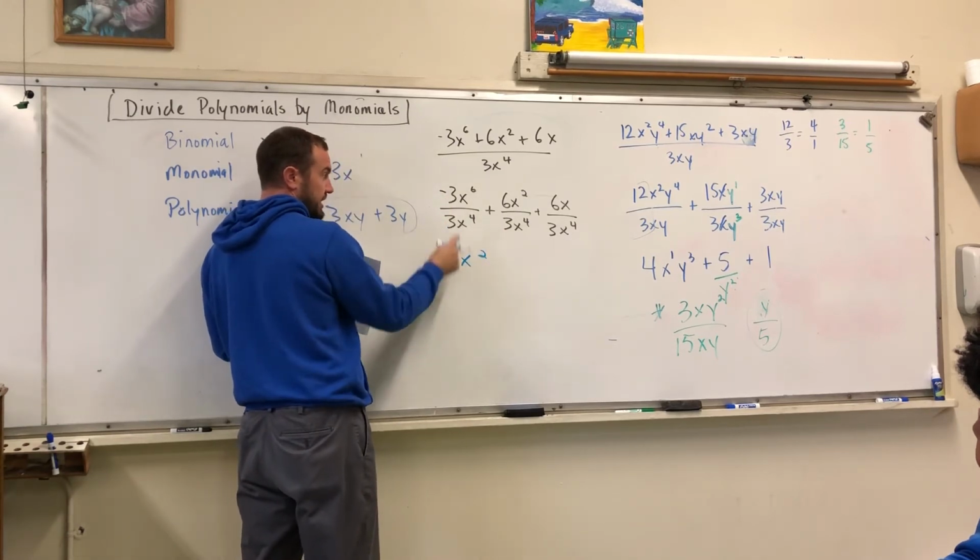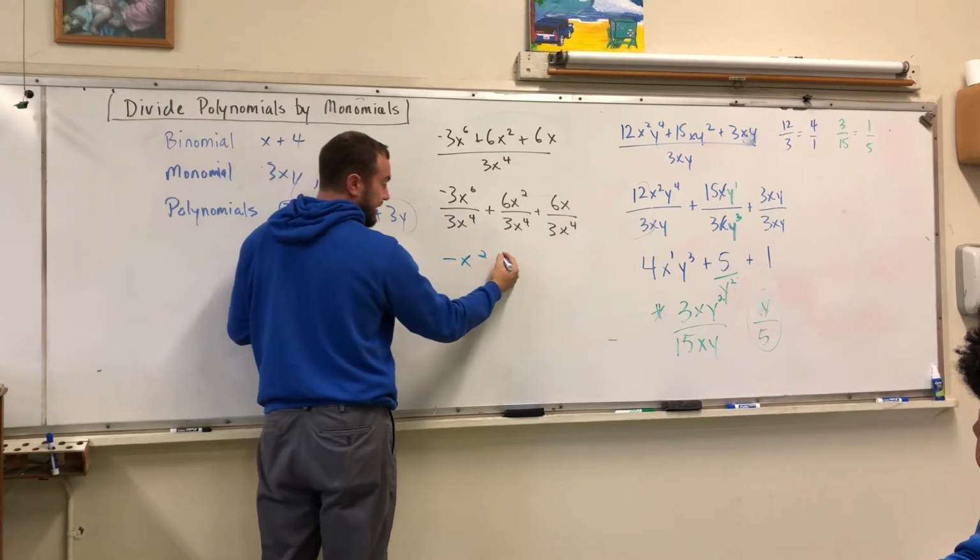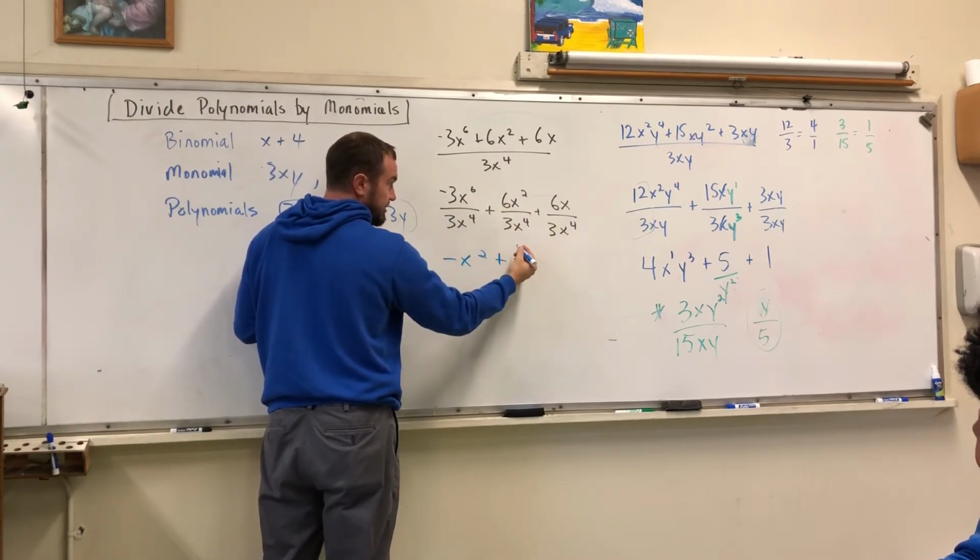Negative divided by positive is going to be negative. The 3's cancel out. I have 2 more on top. 6 over 3 is 2.